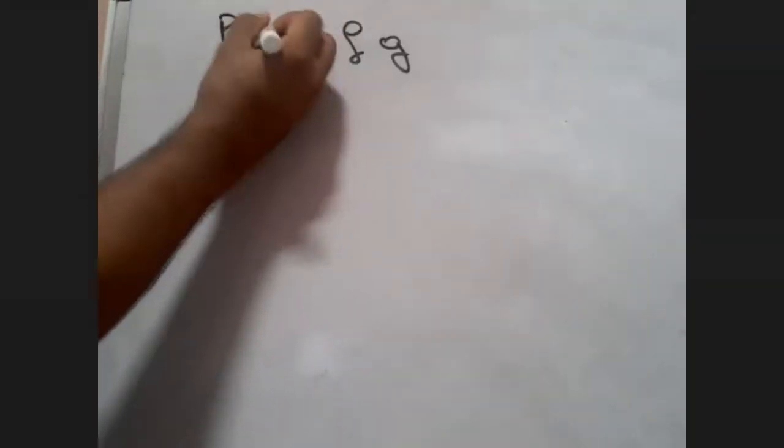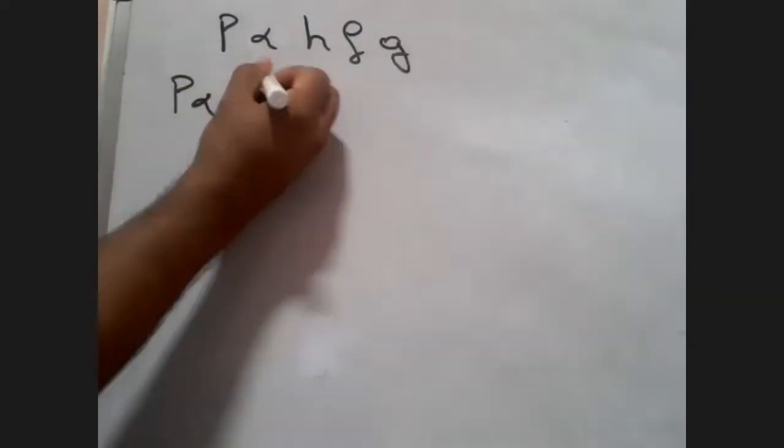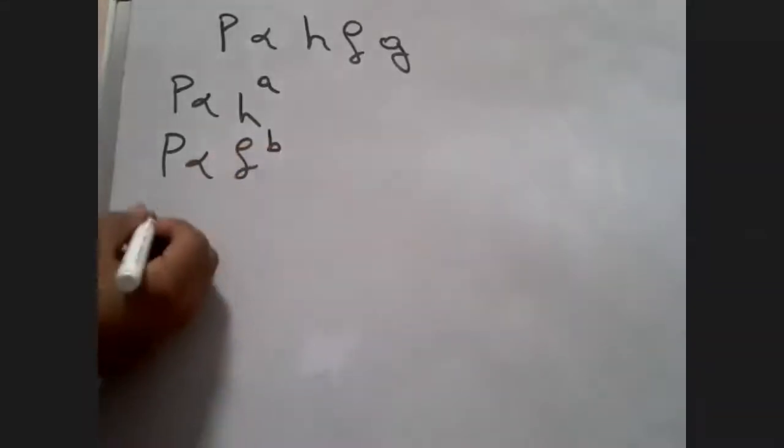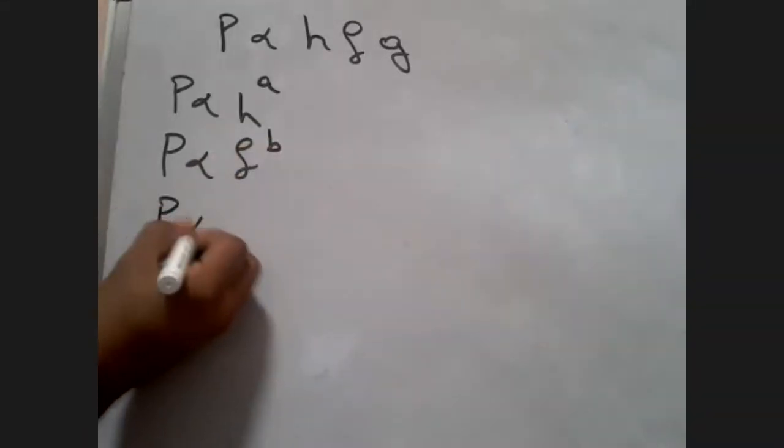We have to find out by how much it is equal to. Let's say that is proportional. So let's say the pressure is proportional to some height raised to A. Pressure is proportional to some density raised to B. We don't know what A, B is. Pressure is also proportional to gravity raised to some C. Okay, as easy as it gets.